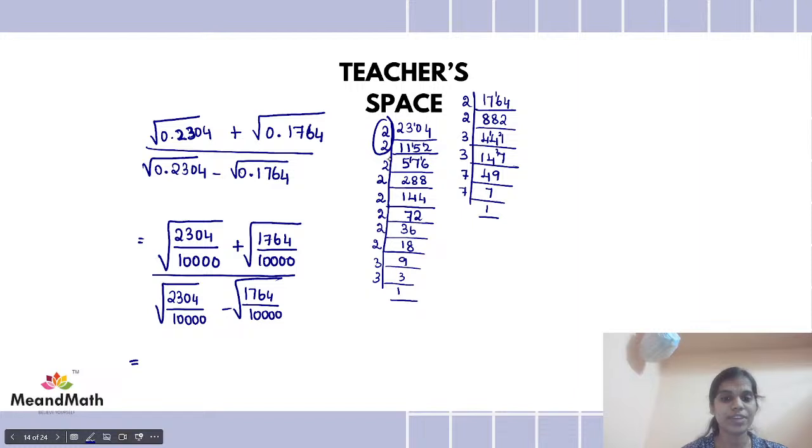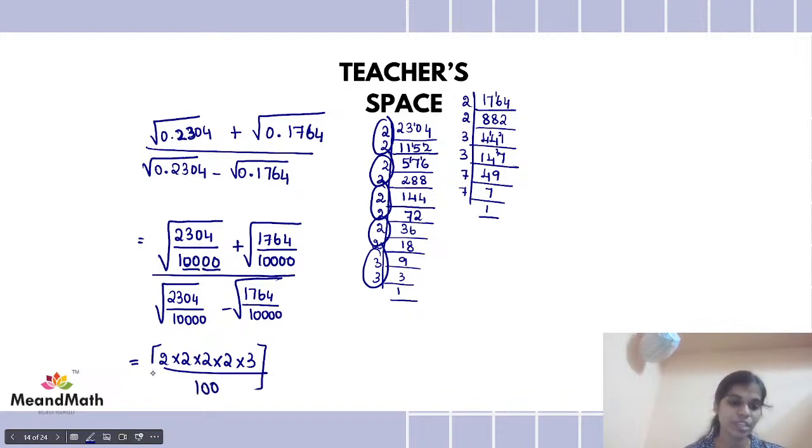So, for each pair, we can take 1, 2. 1, 2, 3, 4. 4, 2 and 1, 3. Okay? So 1, 2, 3, 4, 2 and 1, 3 divided by, for 2 zeros 10, 2 zeros 10, 100. Now it is out of the square root.